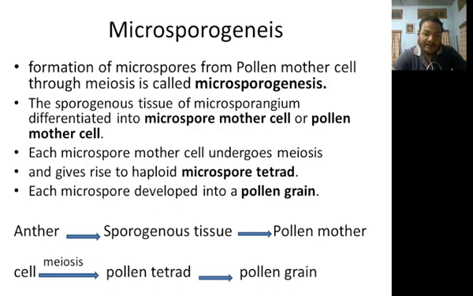These sporogenous tissues act as pollen mother cells after a few mitotic cell divisions, and the pollen mother cells undergo meiosis and form four pollen grains, known as a pollen tetrad. At maturity each pollen is separated and is known as a pollen grain.